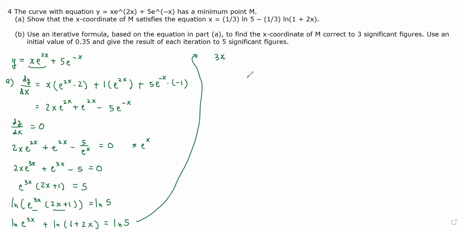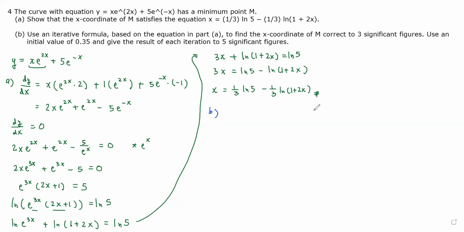And we keep the rest, ln(1 plus 2x) equals ln 5. Now move ln(1 plus 2x) over to the right side. We have 3x equals ln 5 minus ln(1 plus 2x). Dividing throughout by 3, x is 1/3 ln 5 minus 1/3 ln(1 plus 2x). That is what we need to show in part A.